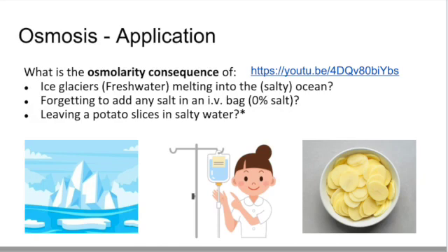All right, so any volunteer shout out is fine. So what's the consequence of an ice glacier melting into the ocean? What do you guys think? What's the consequence? Decrease the salt concentration in solution. What will happen to organisms that are living there? Right.